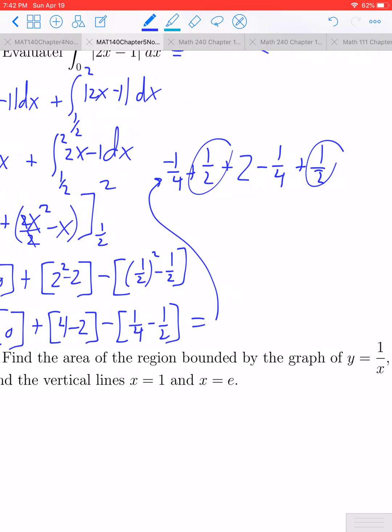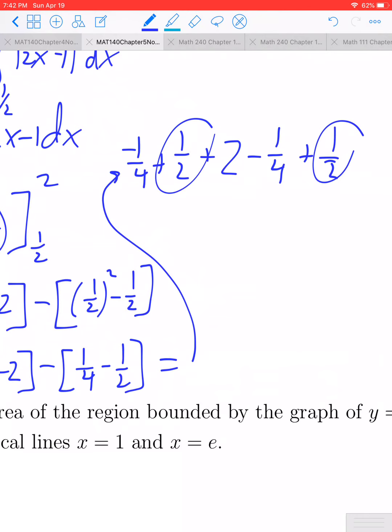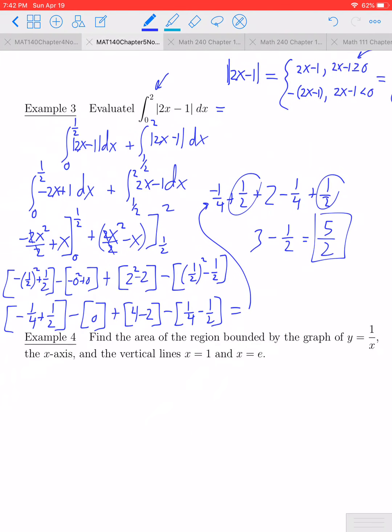One half plus 1/2 gives us 1. 1 plus 2 is 3. Negative 1/4 and negative 1/4 would give us negative 1/2. And then 3 minus 1/2 is 2.5 or 5/2. So the value of the definite integral in example 3 is equal to 5/2.